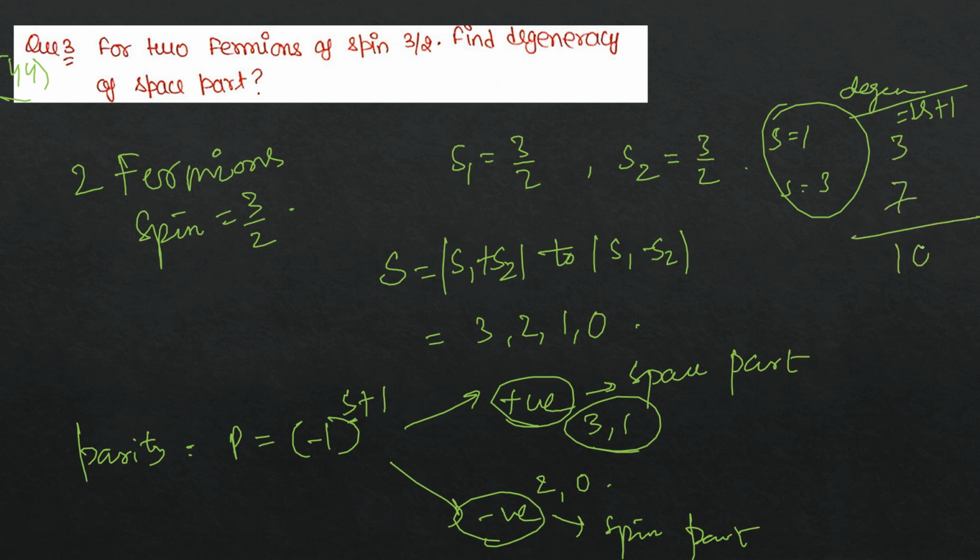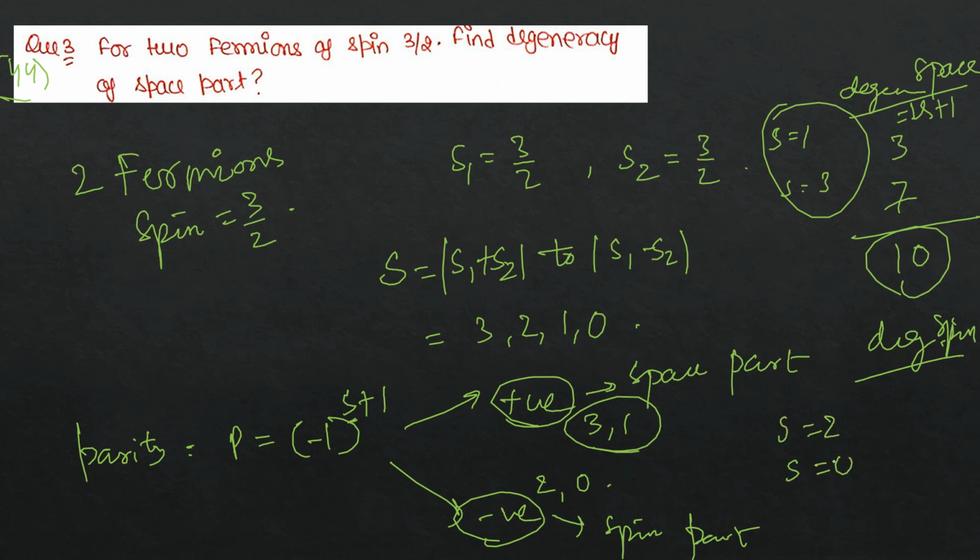So total degeneracy is 10. If you want to ask the degeneracy of the spin part, S equal to 2 and S equal to 0, I would do the same way. So the answer is 10, right? Let's go to the next question.